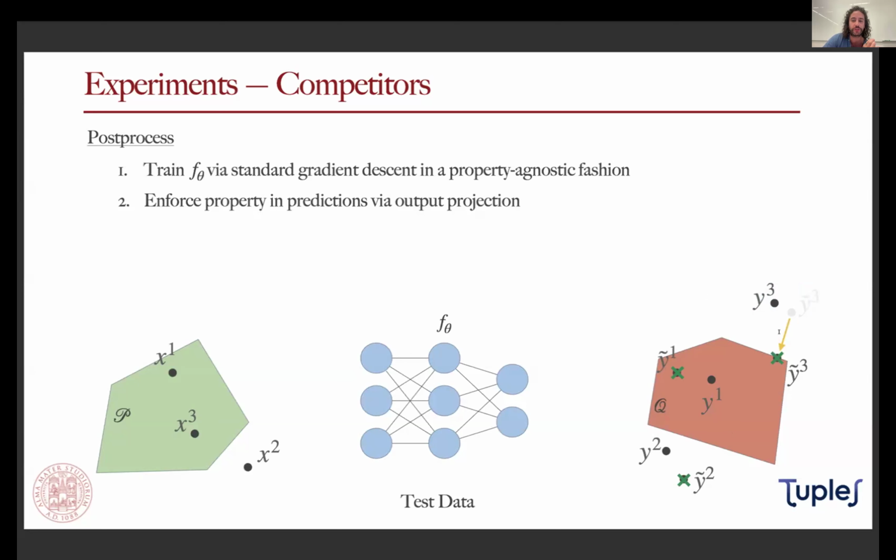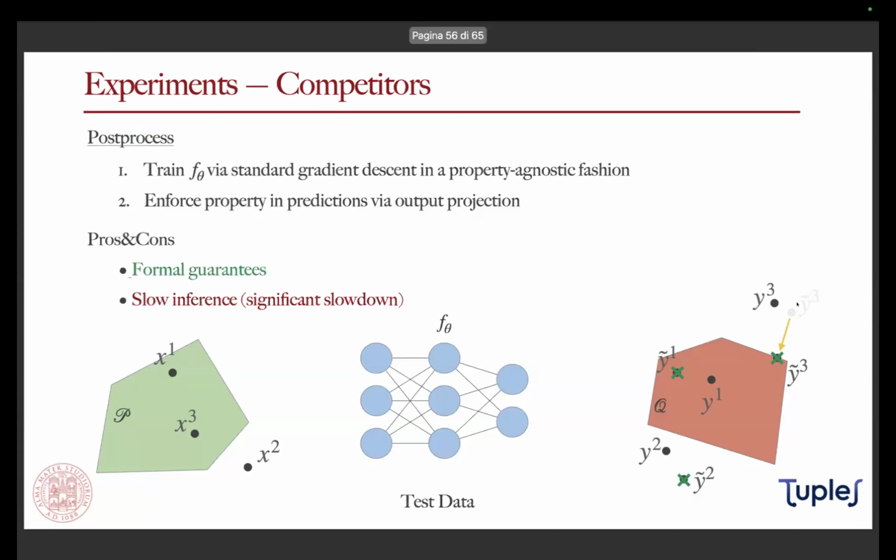What is difficult to do is the projection. Yeah, because for a test case it's not easy. And this is the main disadvantage of post-process. The idea is that you have to find the point in Q which is as close as possible to the prediction. And yeah, you're right. This requires time. Yeah, thank you. Welcome.